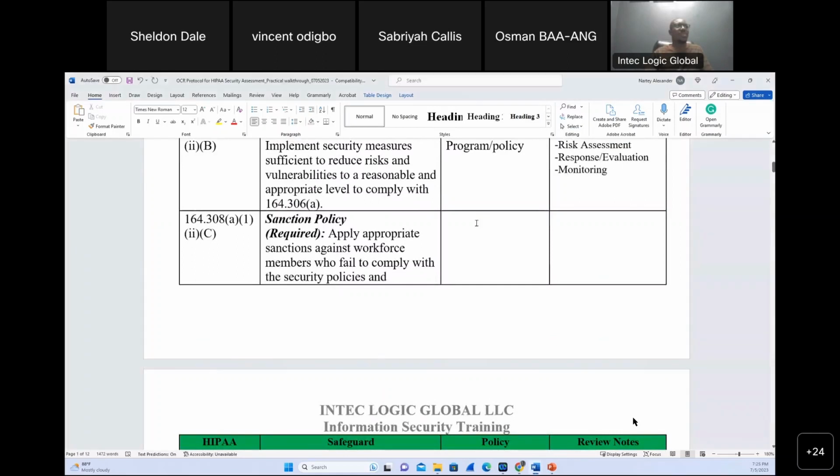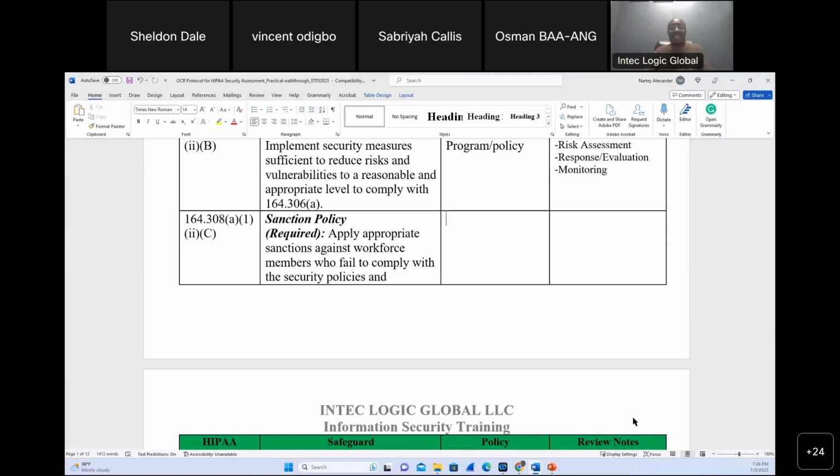So what document will you want to see? Let's put it in our own work environment. Most often, where do we find a document that talks about employee punishment or sanction if somebody goes against the law?